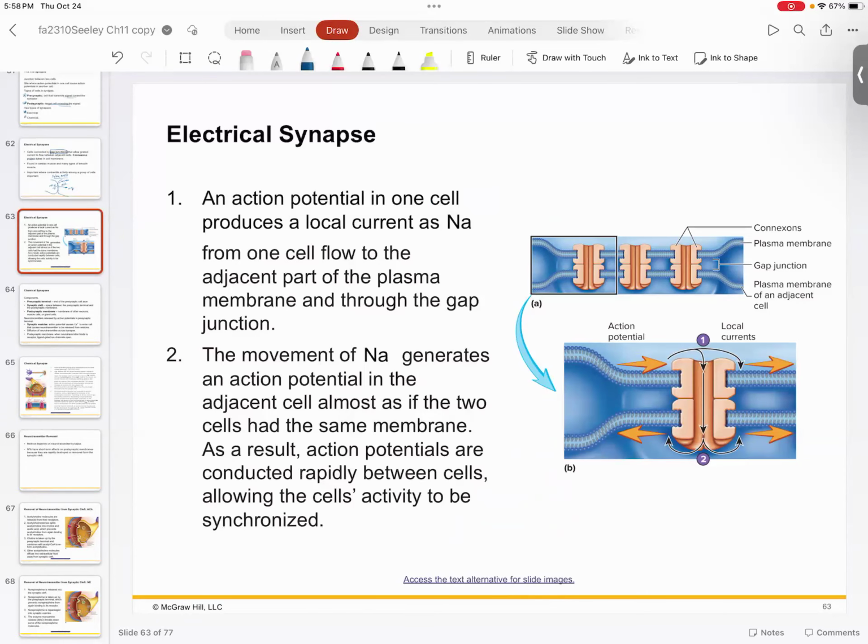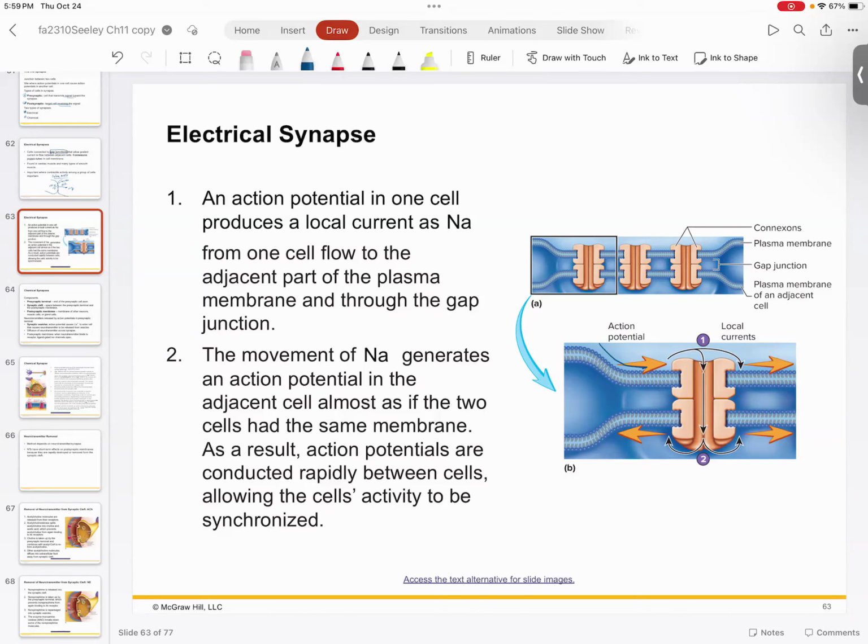And so, for instance, this is kind of what it looks like, a little bit more of a fancified version than my little sketches. Your action potential will come into one cell. You can see it comes into one cell here, and it's going to produce a little bit of a local current.